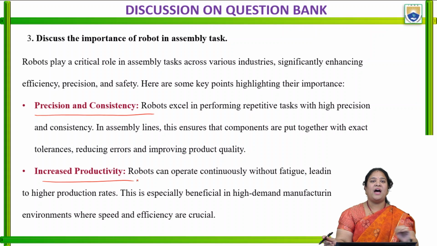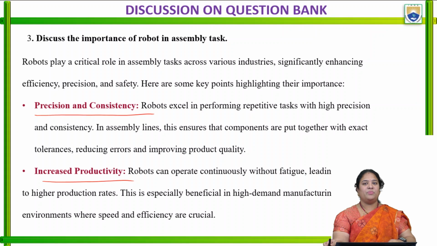Robots excel in performing repetitive tasks with high precision and consistency. In assembly line operations, this ensures that the components are put together with exact tolerance, reducing errors and improving product quality.